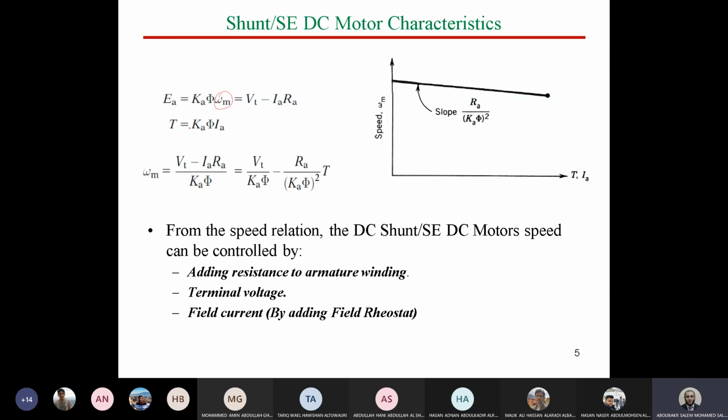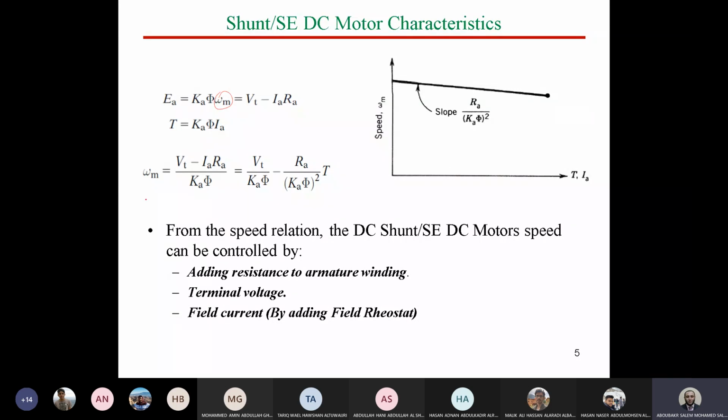And you can say also torque equals KA phi multiplied by IA in order to get the relation between omega and torque. Now, simply, you can apply different values of torque and observe the corresponding value of omega in order to draw the characteristic of the DC motor. In the case of separately excited or shunt, you will get this characteristic. This is the steady state characteristic of separately excited or shunt DC motors.